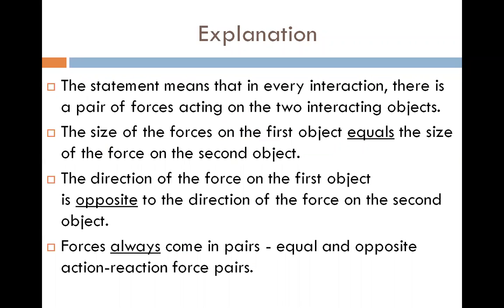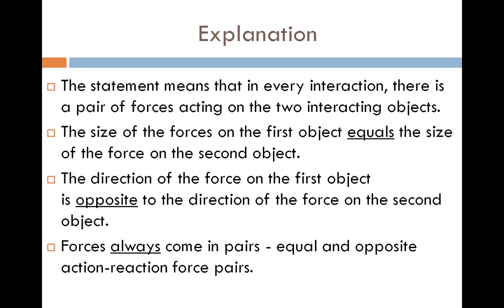What the statement means is that in every interaction there is a pair of forces acting on two interacting objects. The size of the force on the first object is equal to the size of the force on the second object.